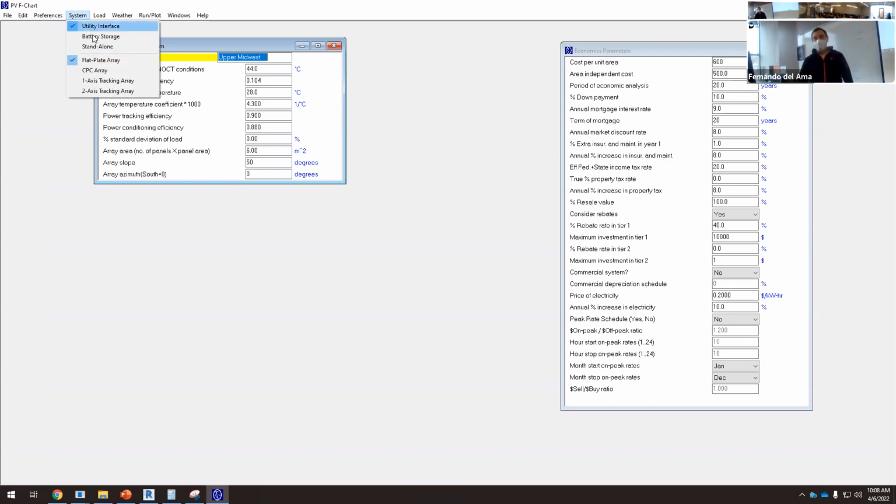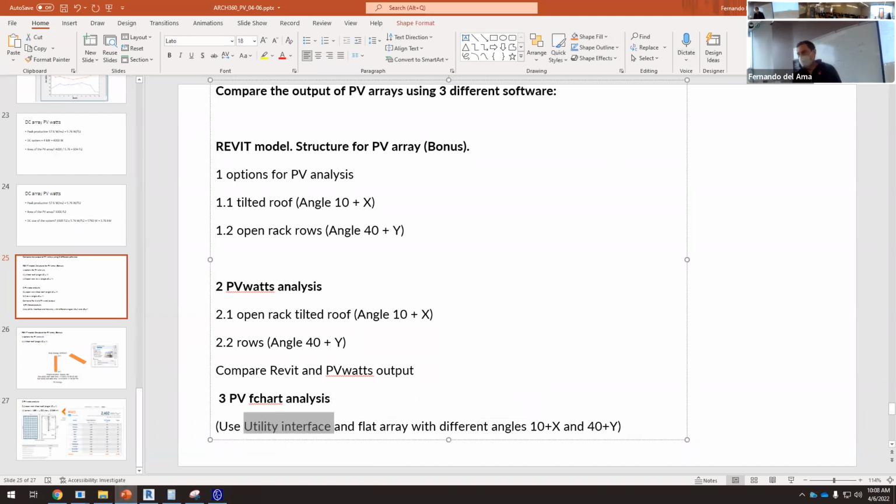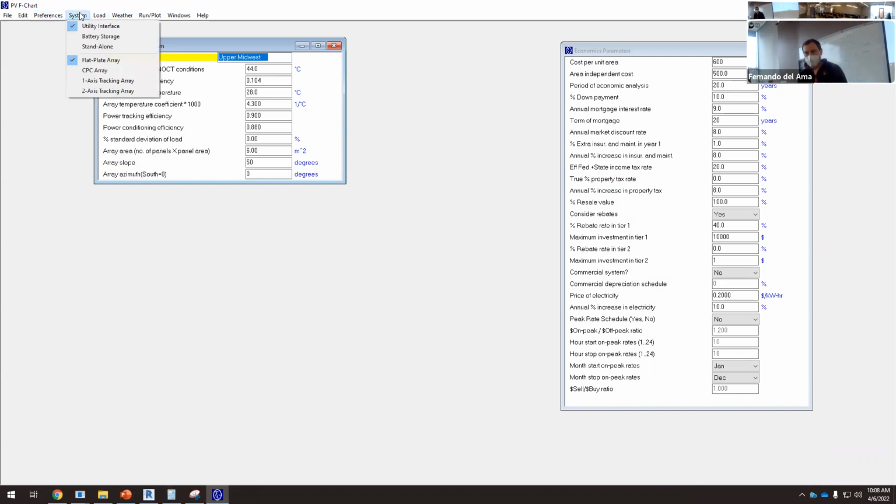We have the utility interface, we have battery storage or standalone. The utility interface is a system that is connected to the grid. Okay, so that's why I use utility interface. We're not using batteries. The difference is that in standalone, you only use batteries. In battery storage, you can use batteries, but at the same time, you're connected to the grid.